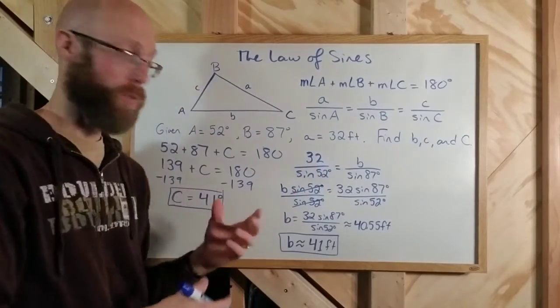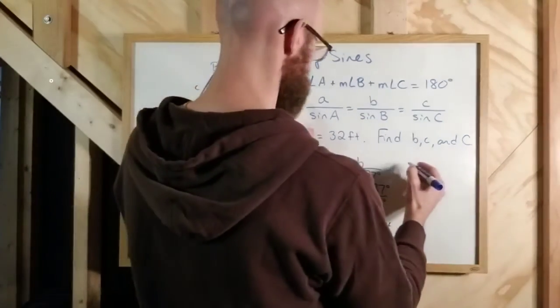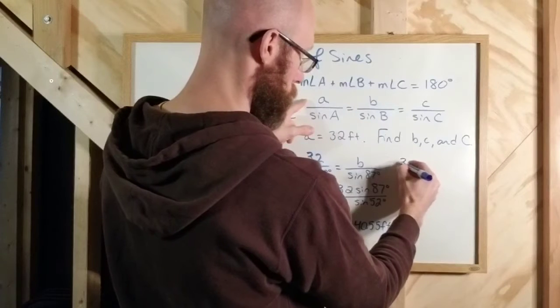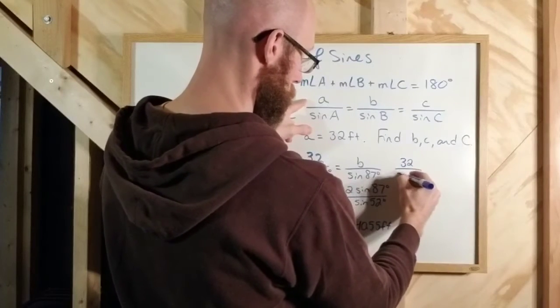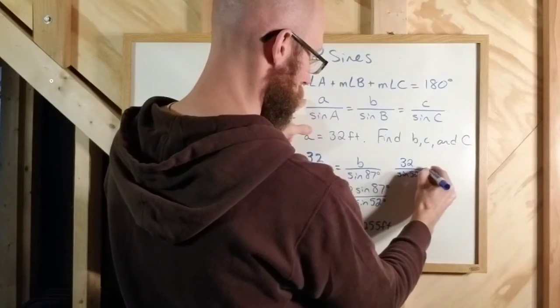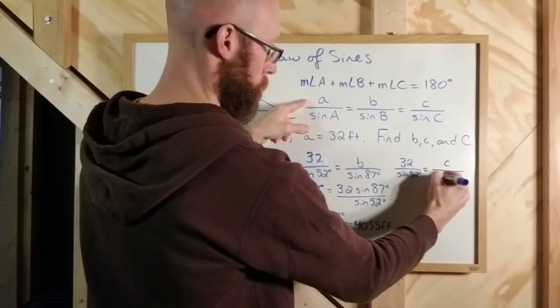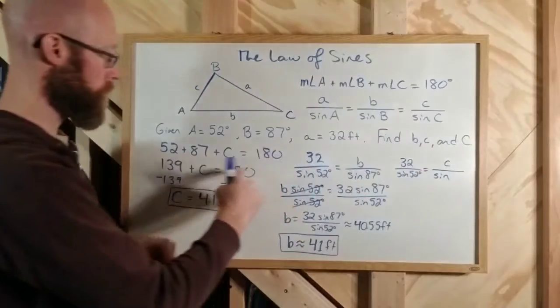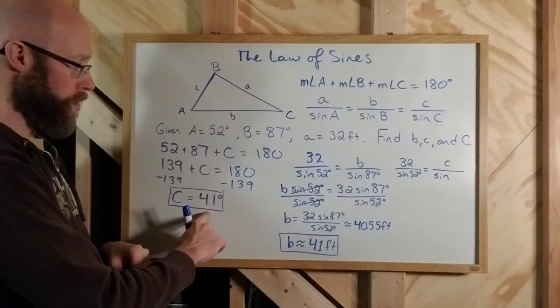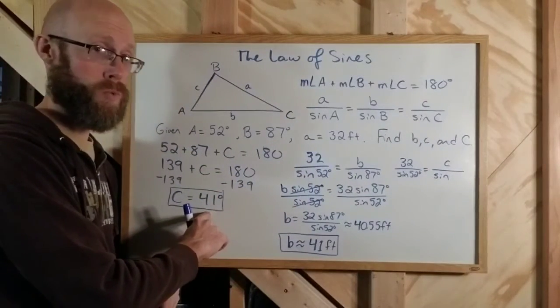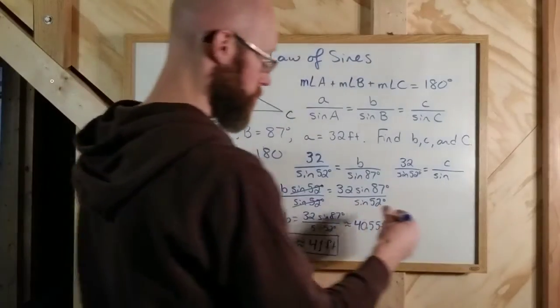Okay, so we'll go with that. So we'll take little a is 32 over the sine of 52 equals little c, which is unknown, over the sine of big C, and big C is 41 degrees. Now 41 degrees was not rounded, so that's a good value to stick with.